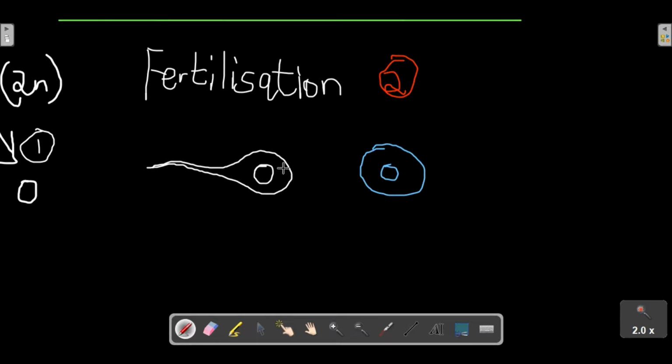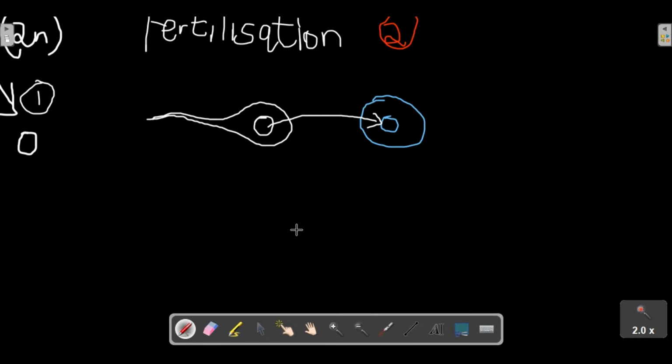Okay, so these two fuse together. Okay, so the sperm cell's nucleus has to enter through to the egg cell, and their nuclei fuse together to form a zygote. Okay, form a zygote, and a zygote looks like that. There we go. So this is to indicate that both of these nuclei, one from the egg cell and another from the sperm cell, have fused together, right? So this is what we call a zygote.